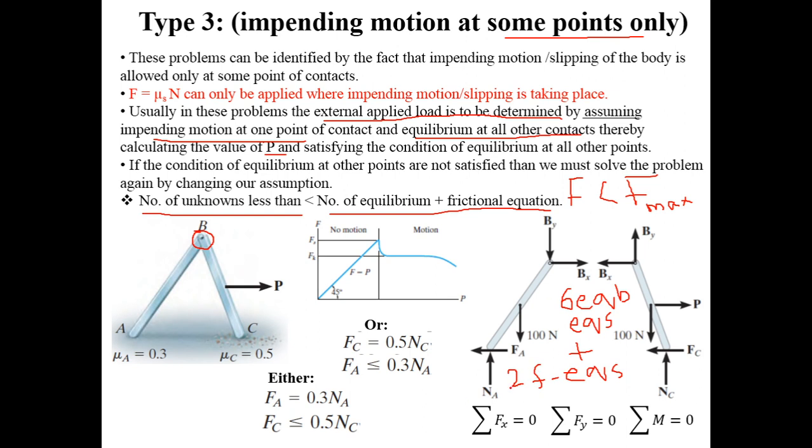And now count the unknowns. How many unknowns you have in this problem? 1, 2, 3, 4, 5, 6, 7. You have 7 unknowns.